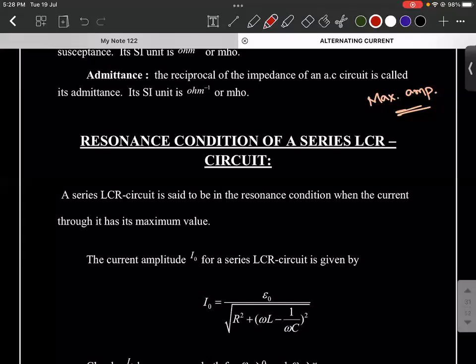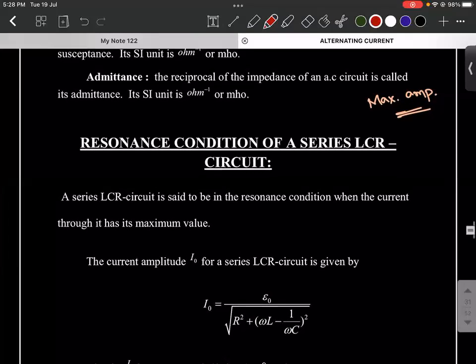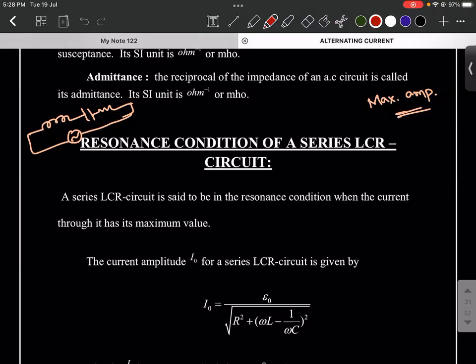So if you have a series LCR circuit, and you are able to define a condition where the current flowing through the LCR circuit is maximum, then that condition is said to be a resonance condition for a series LCR circuit.